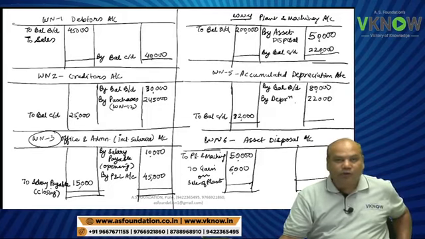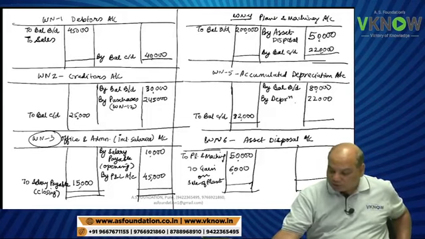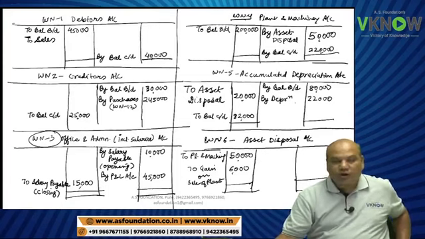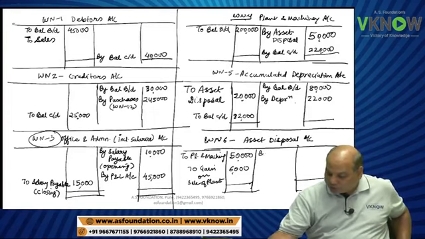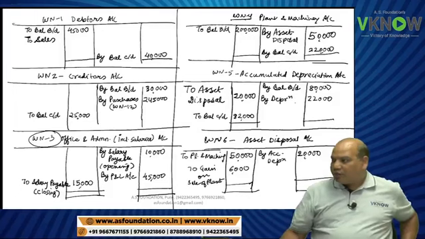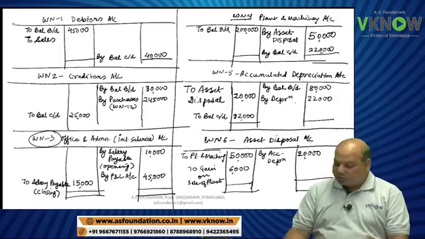The second entry is accumulated depreciation account debit to asset disposal account, depreciation on assets sold transferred to asset disposal account. An asset disposal account credit side by accumulated depreciation 20,000.